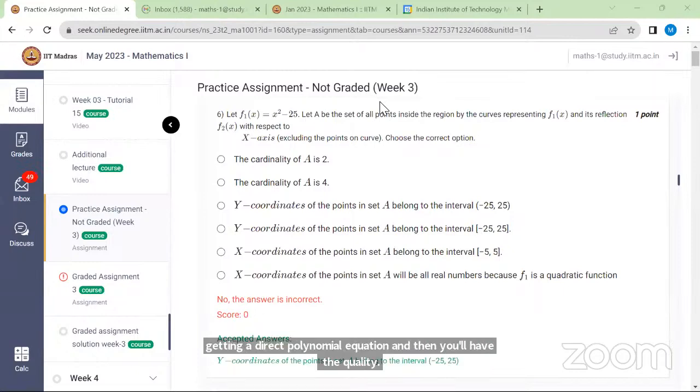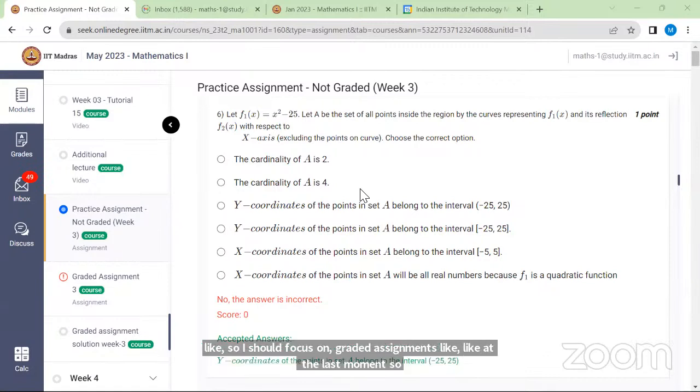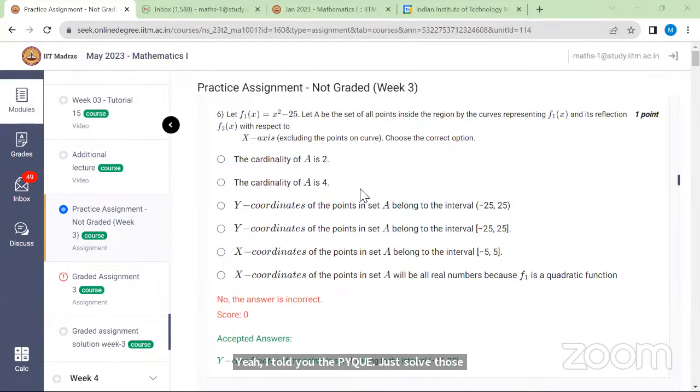Let's say I am facing difficulty in practice assignments but can solve graded assignments, so should I focus on previous year questions at the last moment, sir? Yes, I told you, just solve the PYQ problems. Those will give you a direct idea of which type of problem has been coming in the last 2-3 terms.